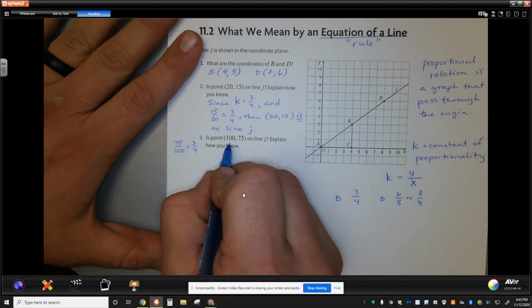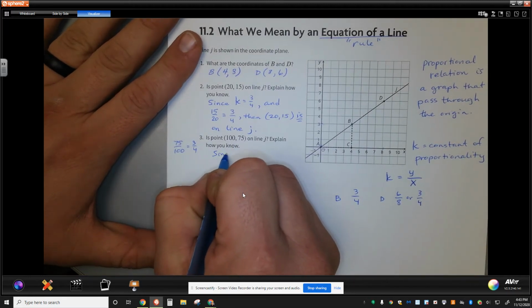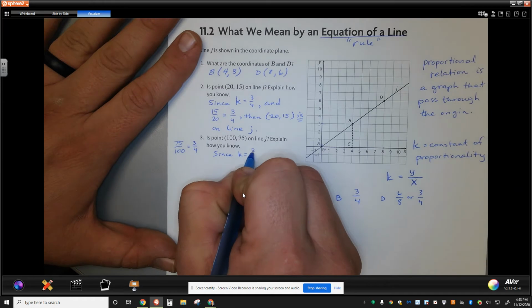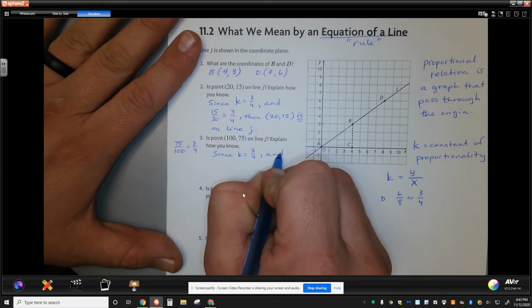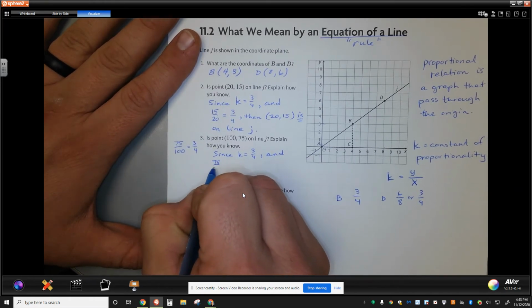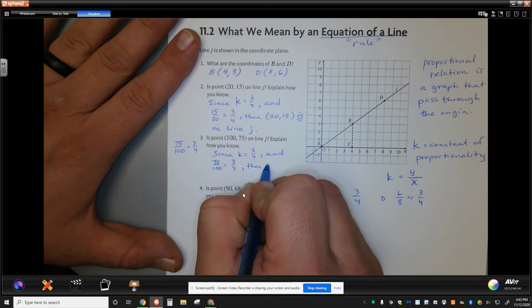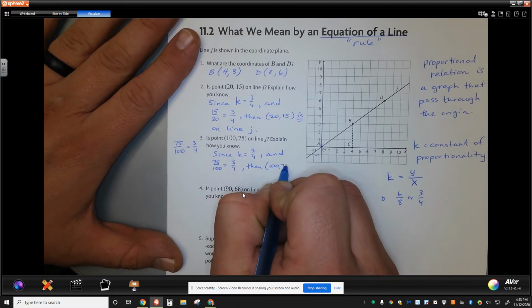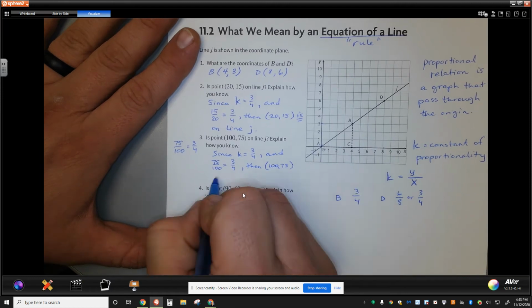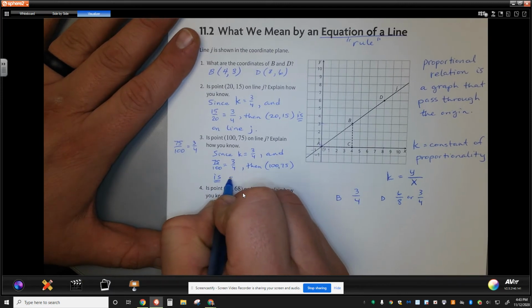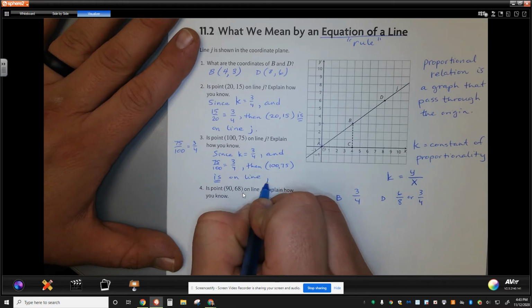And so I know this is proportional. I know this is on the line. So I can say since k equals 3/4 and 75/100 is equal to 3/4, then the ordered pair (100, 75) is just like the other ones on line J.